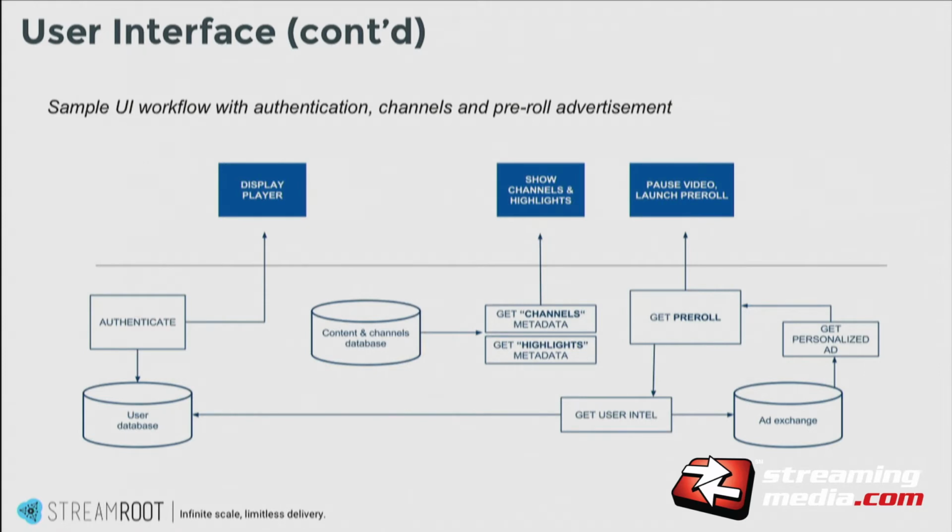We then have a channels and highlights feature that allows us to see the different channels and highlights. And then we also can launch a customizable pre-roll ad, by using the user database and an ad exchange to get something that's customizable to your user. Just a simple example of what that can actually look like.